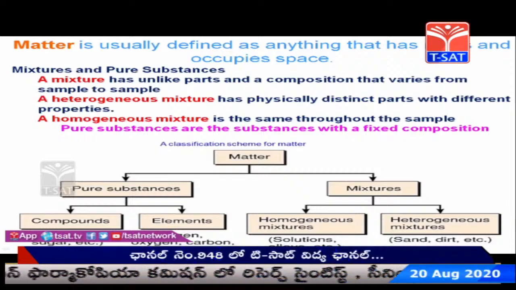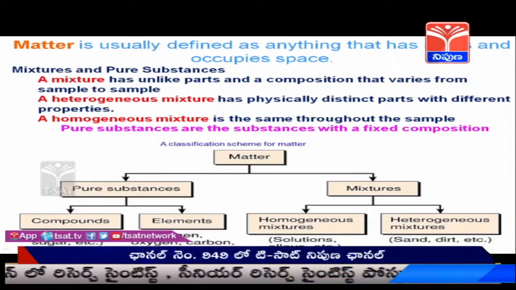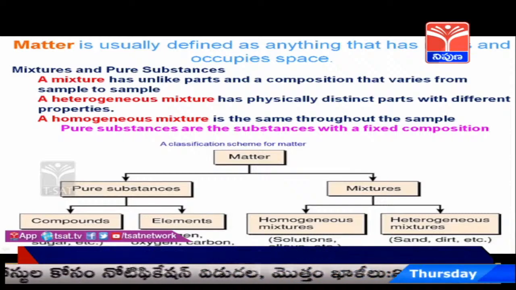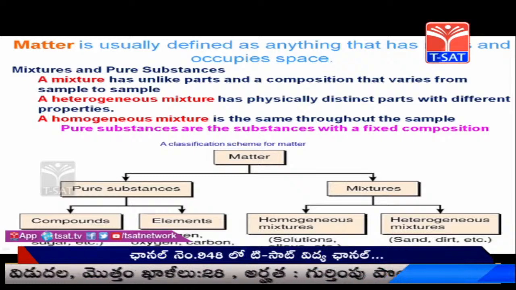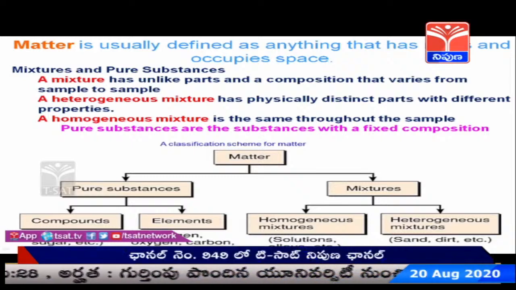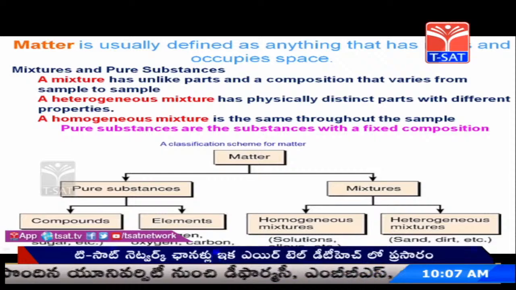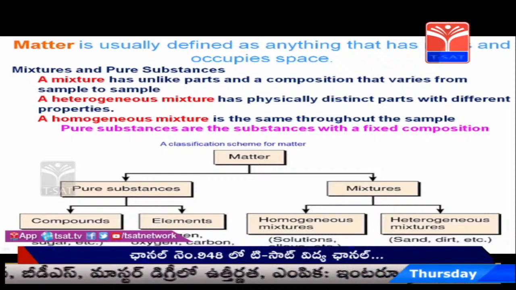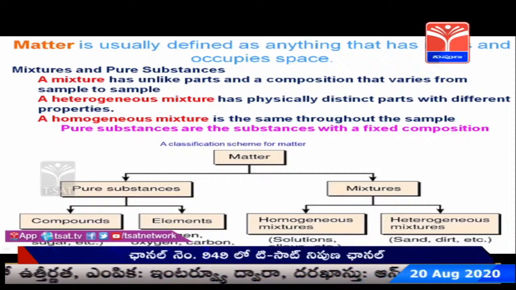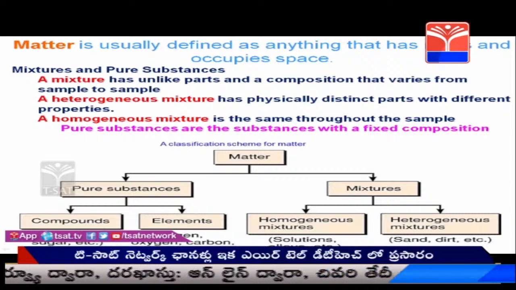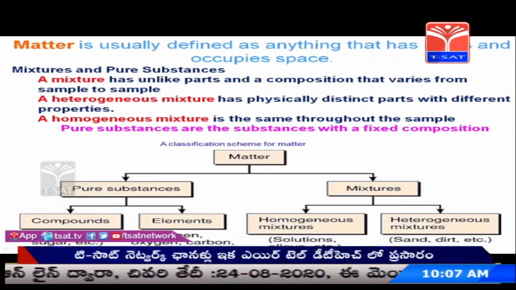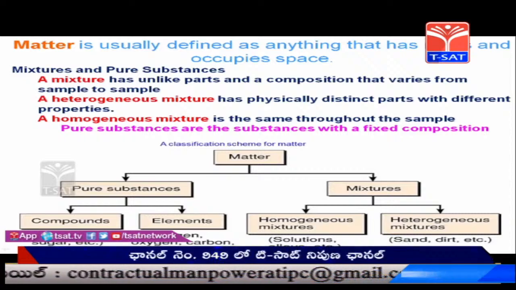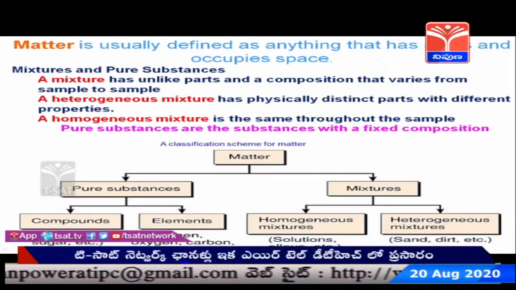But we don't see purest substance in our day-to-day life, because almost all elements contact with other elements and they will form different varieties of compounds. So, pure substances will be the compounds or the elements. Either compounds or elements, they will contain the same variety of atoms or molecules.